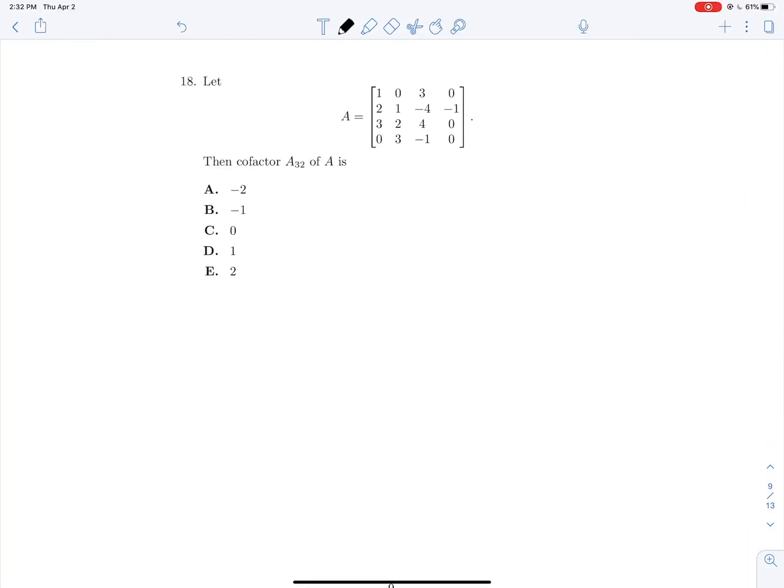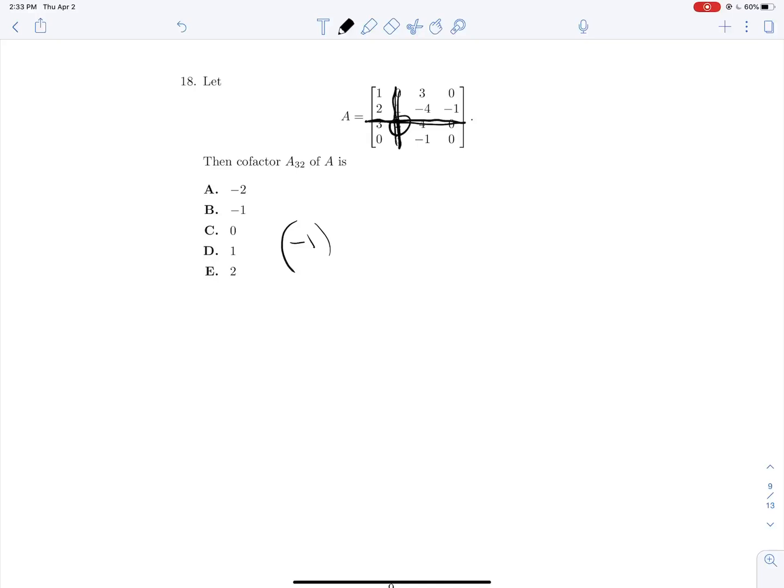18, let A equal this guy right here. We're looking for the cofactor of A 3, 2. So the 3, 2 position of A is right here, and the cofactor is going to be the sign at that position in the matrix. That'll be determined by plus, minus, plus, so we'll have a minus sign there, -1, multiplied by the determinant of the matrix that we get by crossing out the row and the column of 3, 2, so the second column and the third row.